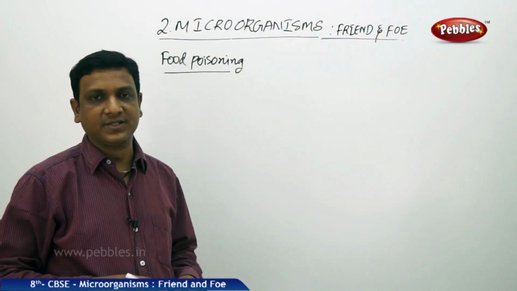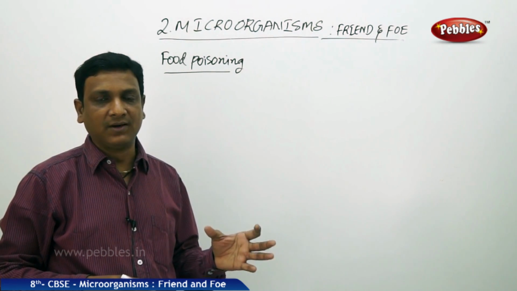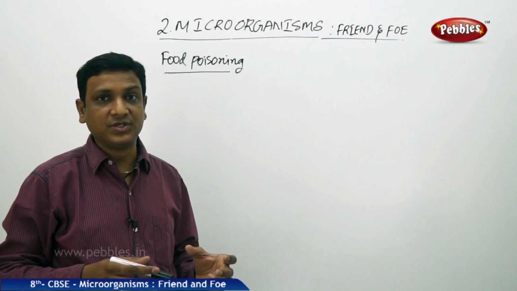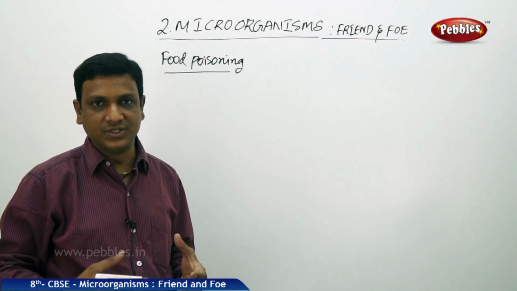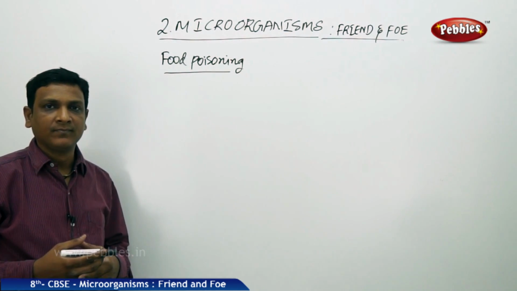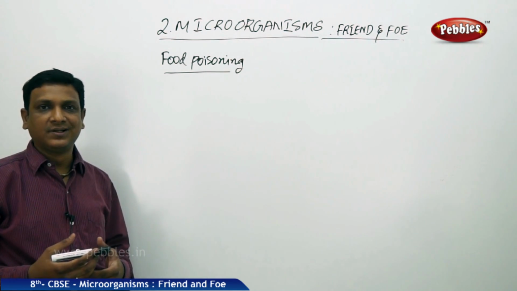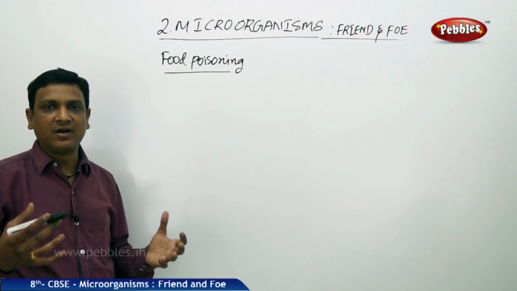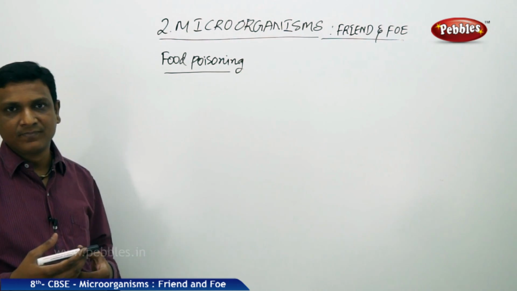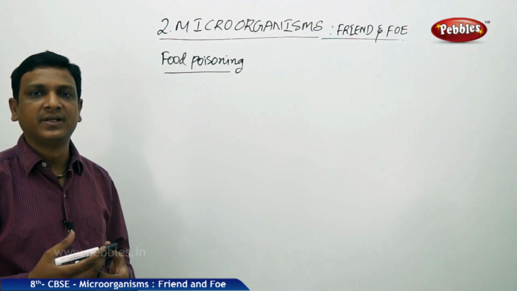So what is this food poisoning? Microorganisms feed on uncovered food or cooked food or food items which are exposed to air and to moisture. We eat food. We prepare our breakfast, lunch and dinner. When they are hot, we serve them and we eat. It is a best practice to eat freshly cooked food items.